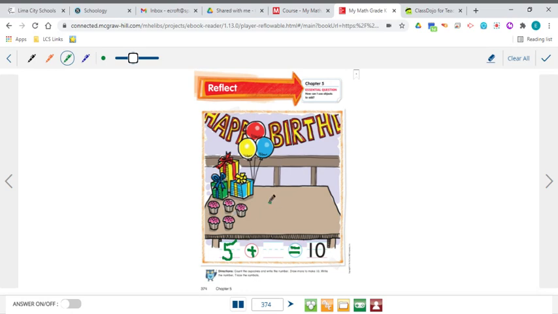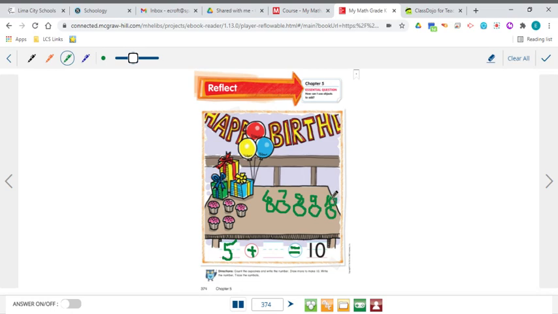So if you start to draw more, you get 6. So 1, 2, 3, 4, 5, 6, 7, 8, 9, 10. So there's 5. This is 6, 7, 8, 9, and this one is number 10.